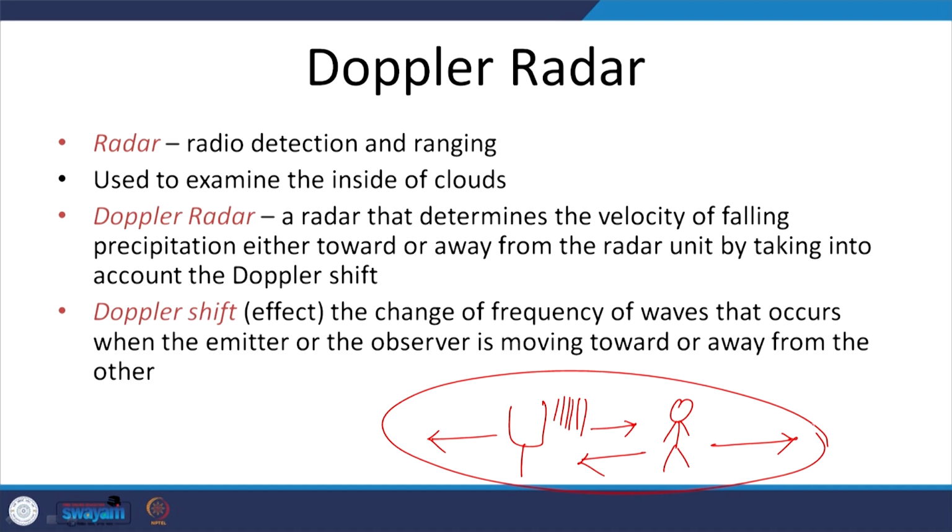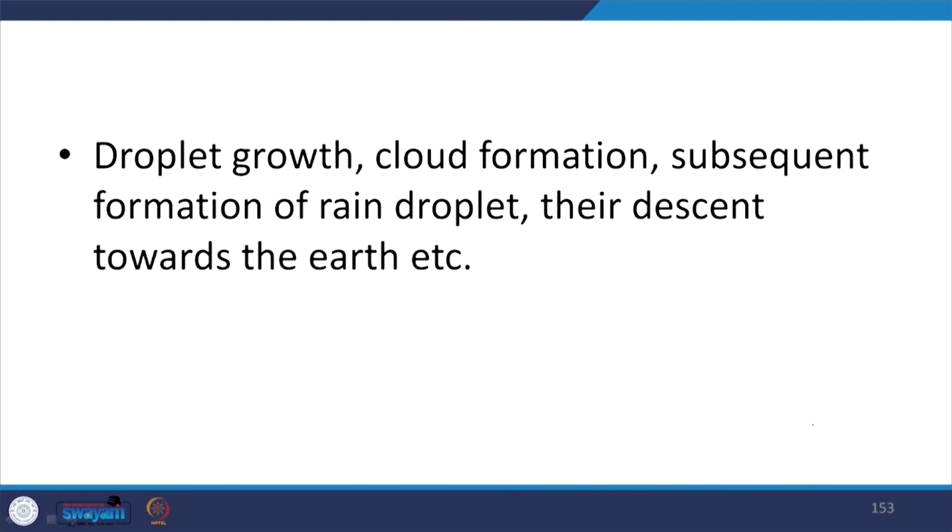The shift that comes into the picture is called the Doppler shift. That is it. So, Doppler radar is a more accurate way of measuring various parameters related to clouds, the amount of precipitation that can be expected, the cloud cover, and many other things, right. So, that was something about the basics of how rain could be measured.